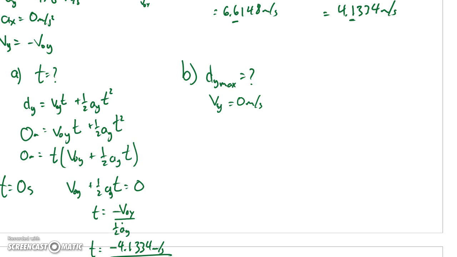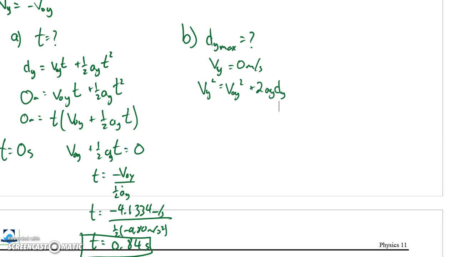To do this, our best option is to figure out an equation that has Vy in it. If we can do that, that means we can get rid of something because it's 0. So one equation that we can use is this one, because that will give us the dy that we're looking for, because it's not 0, because we're looking at a different point in time.